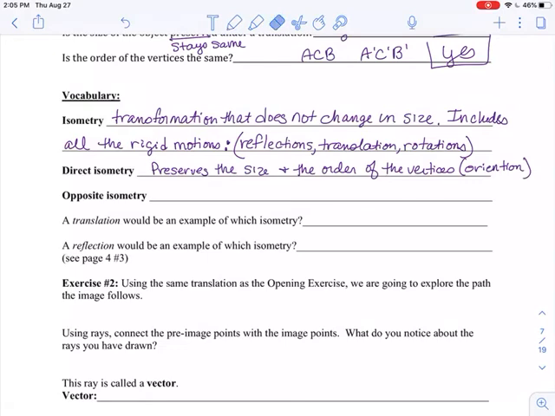So a translation preserves the order of the vertices. That's the orientation. An opposite isometry preserves the size, because it is an isometry, but the order of the vertices changes.